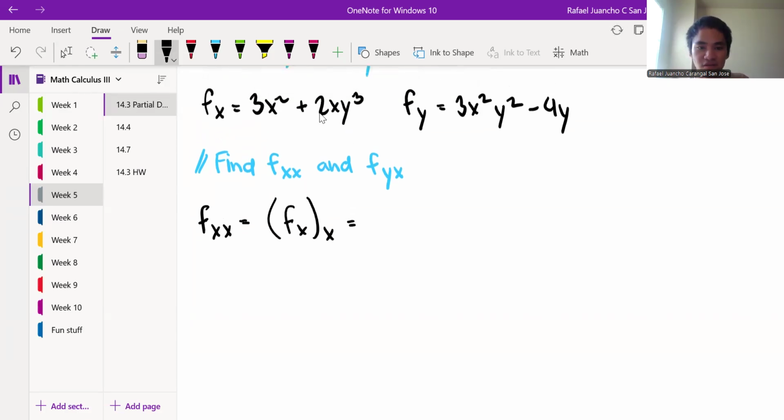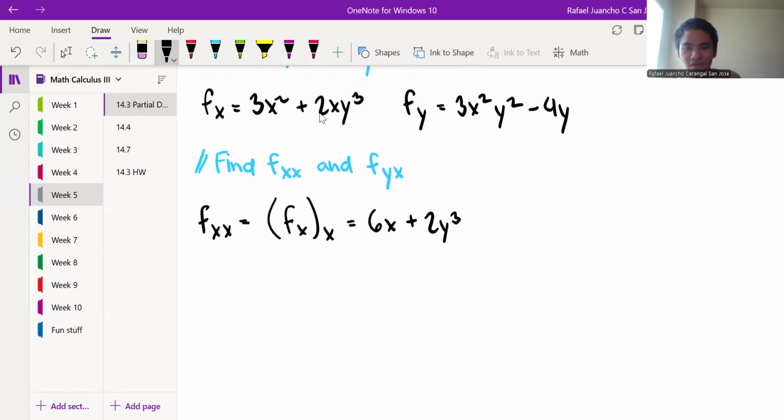And so again, we look at this and we see, okay, let's take the derivative. Here we make y a number. We make x a variable. So here we get 6x plus, this is 2y cubed. Here x is gone, so I just do 2y cubed. And we're done.